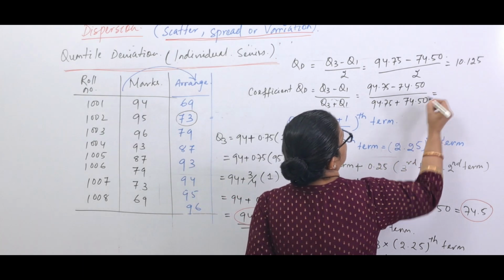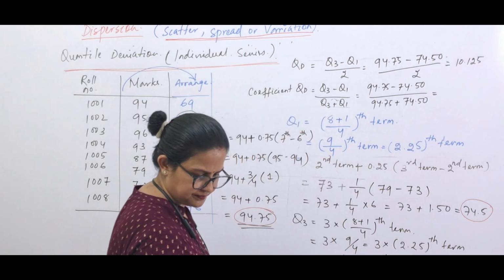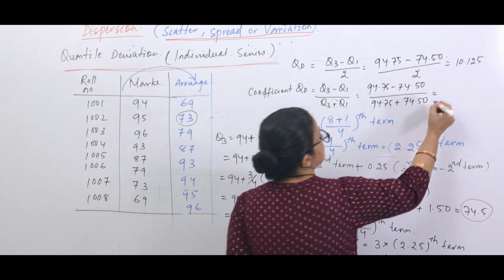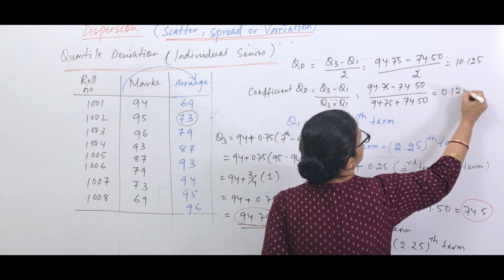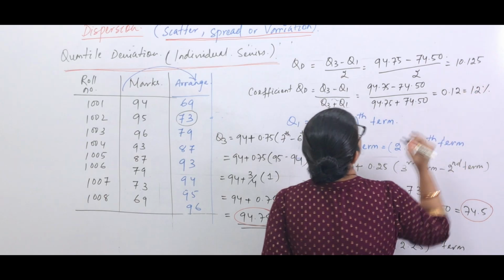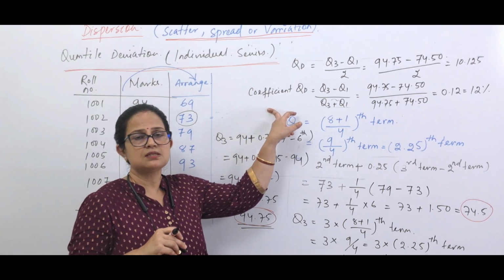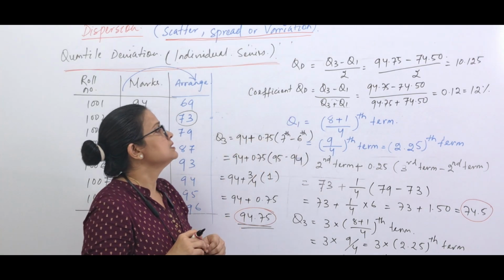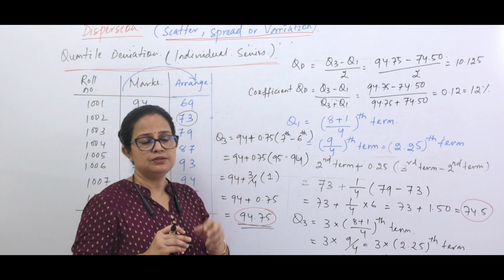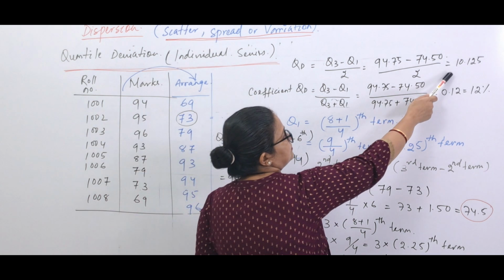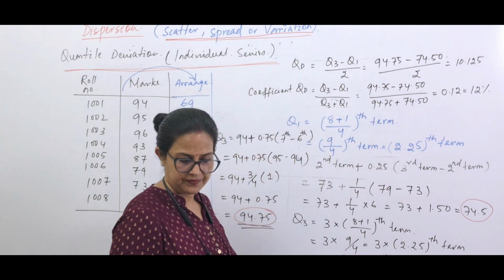So the value we get here is 0.12, which is equal to 12%. We always have to remember that the coefficient is calculated in percentage.